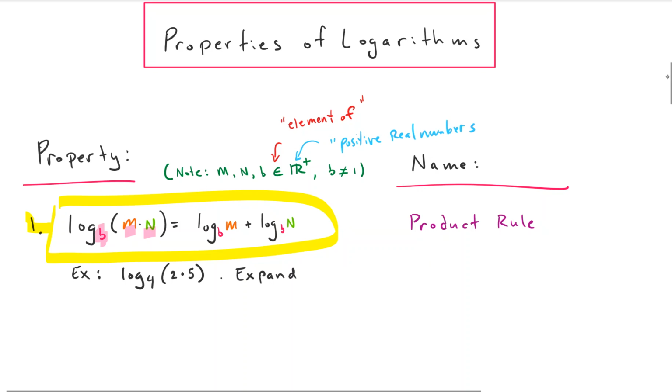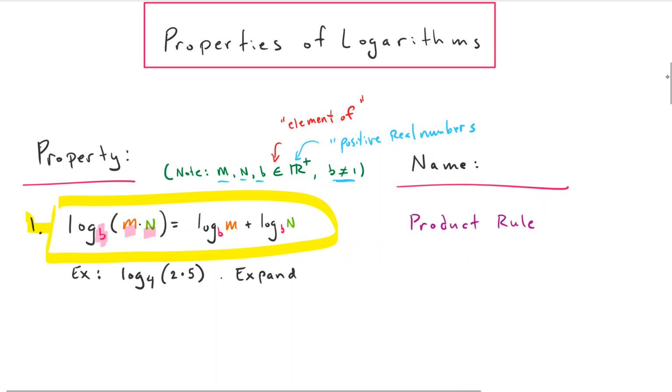So M, N, and B are all positive real numbers. The only other restriction we have is that B cannot be equal to 1. So there we go. So we know M and N are just numbers. And although we could have expressions for m and n, we won't talk about that really in this video.